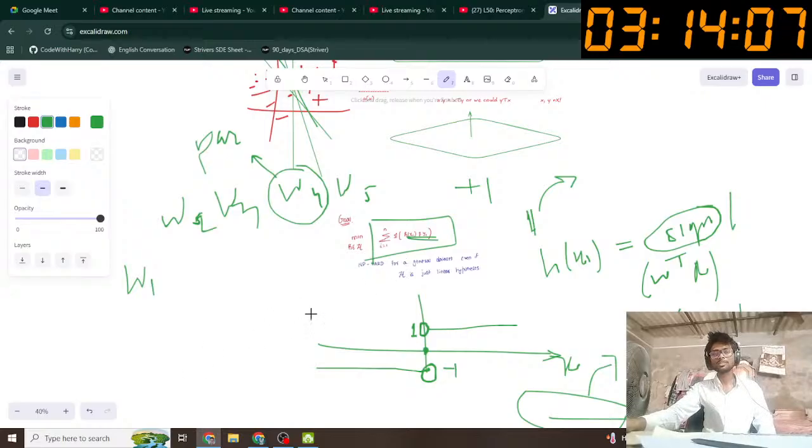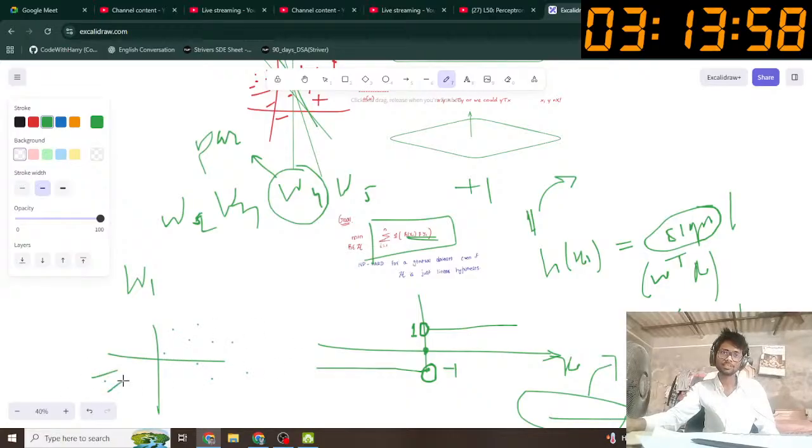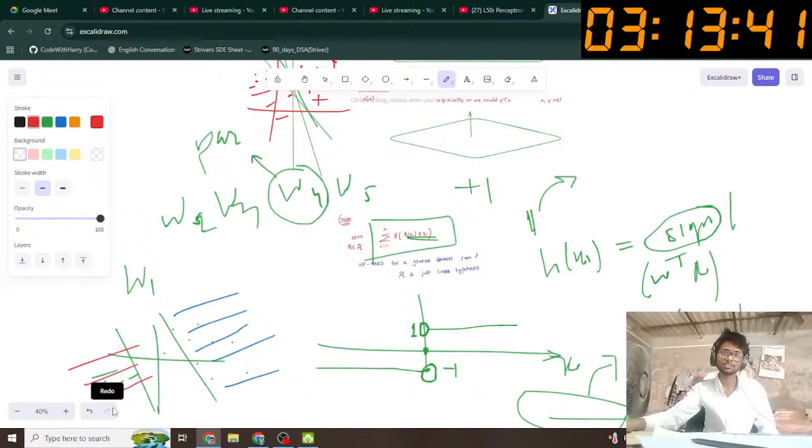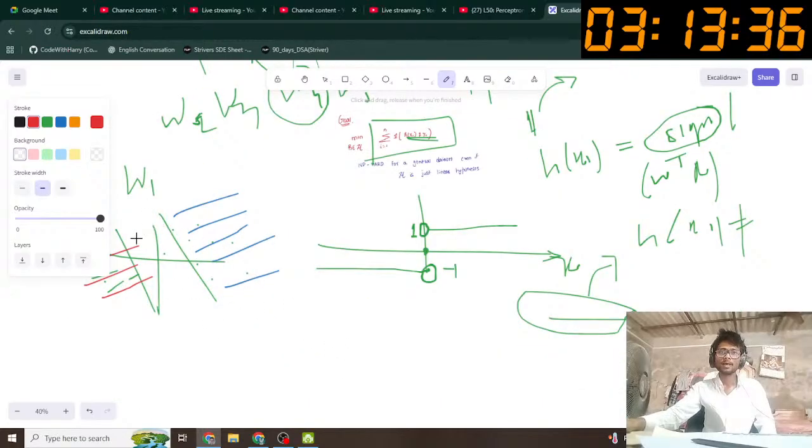So I think you got the point, right? Like there is a data set. Here we have positive things and here we have negative things. So in this region we have positive things, and in this region we have negative things, separated by this line.